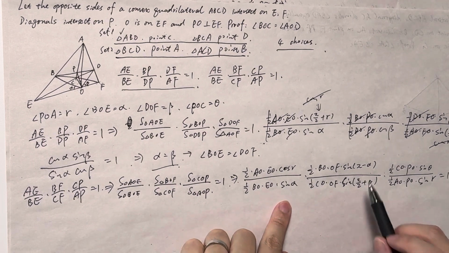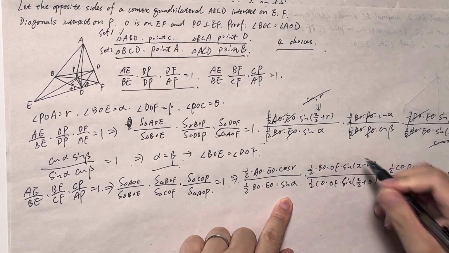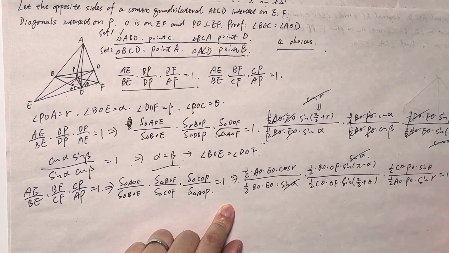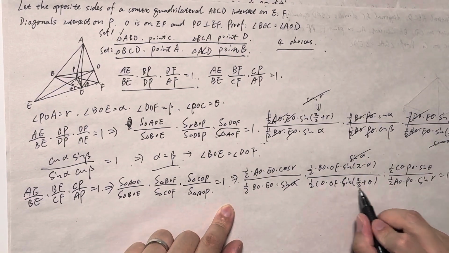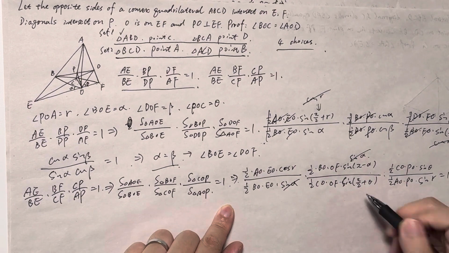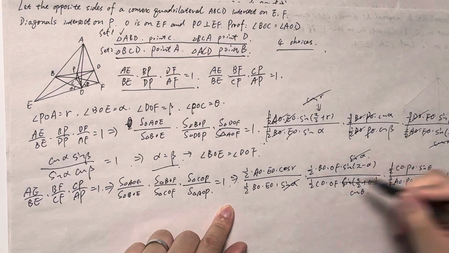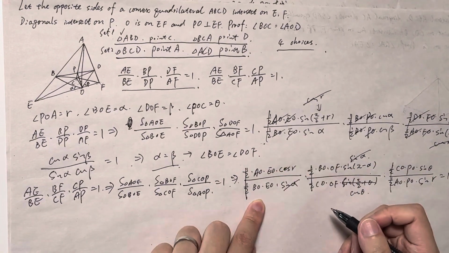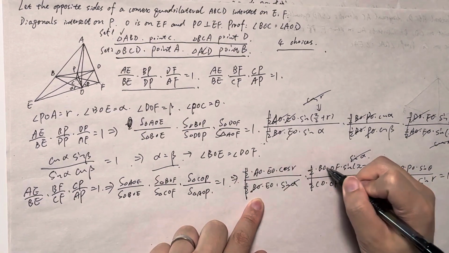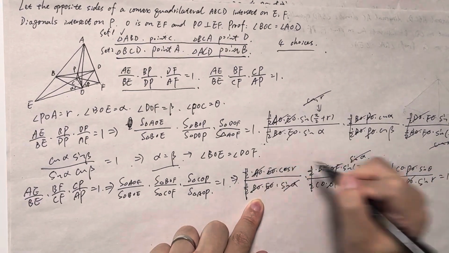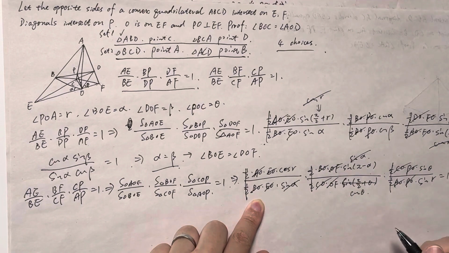So what we got here, sine pi minus alpha is sine alpha, so sine alpha cancels sine alpha. And sine pi by 2 plus theta is cosine theta. So we cancel all of these 0.5 terms, and BO cancels, EO cancels, OF cancels, PO cancels, AO cancels, CO cancels.